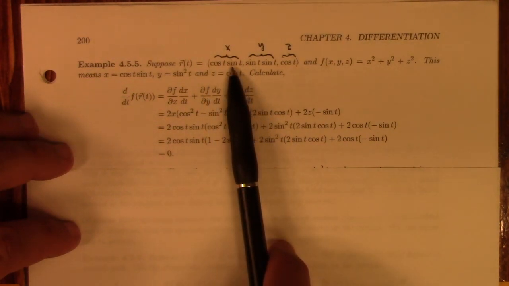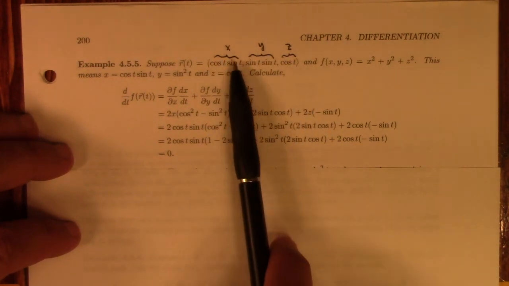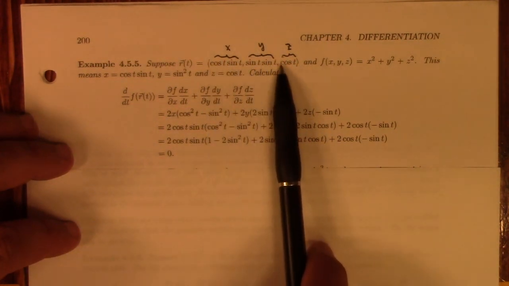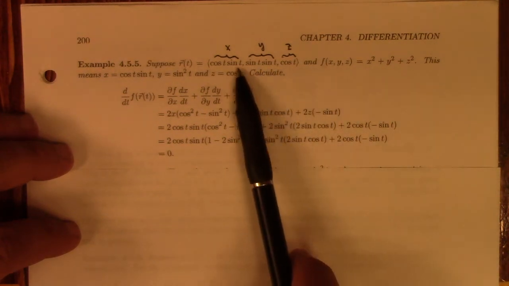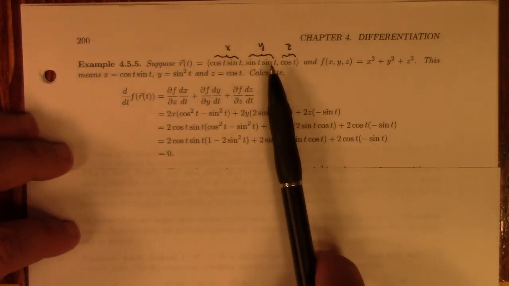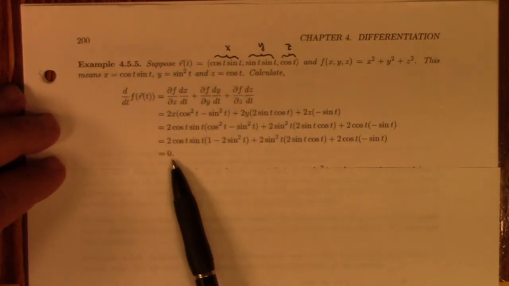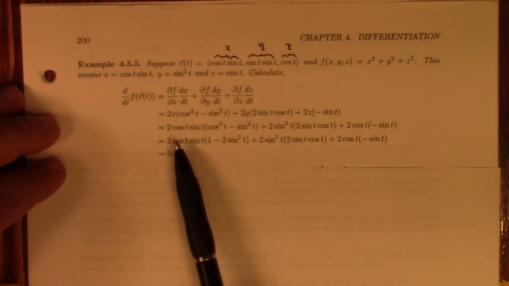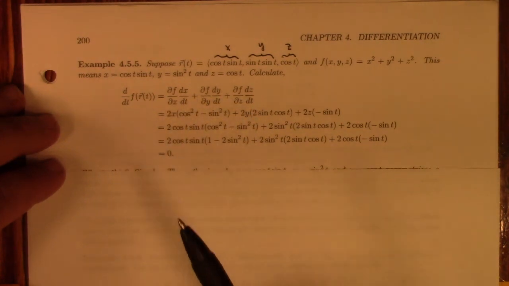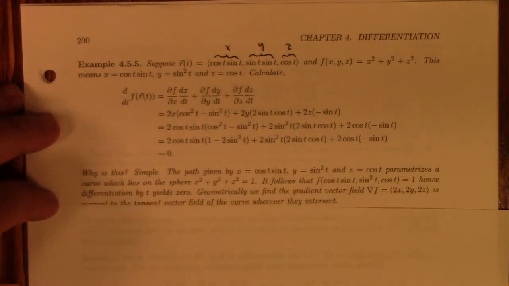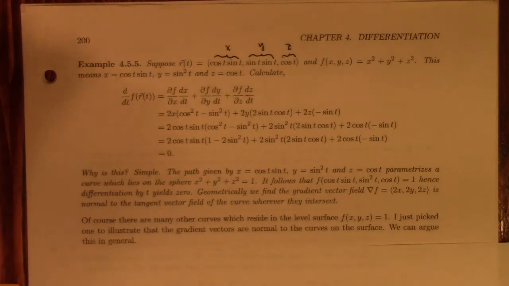So you can prove that x squared plus y squared plus z squared equals 1 for that path, which means that this is a parameterization of a curve on the sphere. And so, of course, the gradient vector is going to be perpendicular to the velocity vector, which is why we get 0 there. All right.